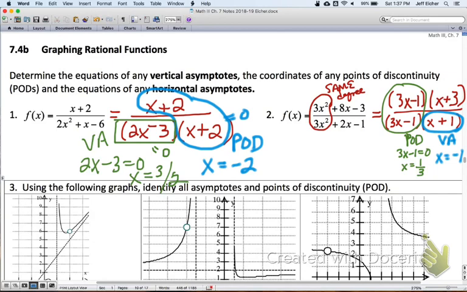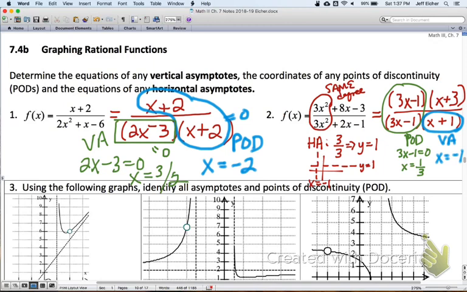So the horizontal asymptote would just be the coefficients, 3 divided by 3, so y equals 1. When we sketch this, we would have a horizontal asymptote at y equals 1, a vertical asymptote at x equals -1, and a hole in the graph at x equals 1/3.